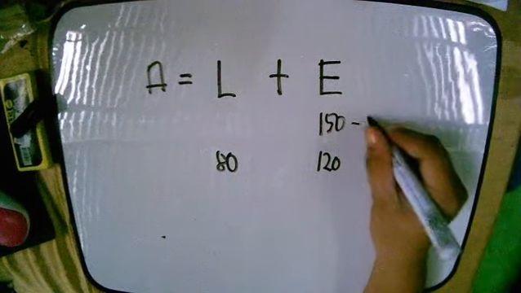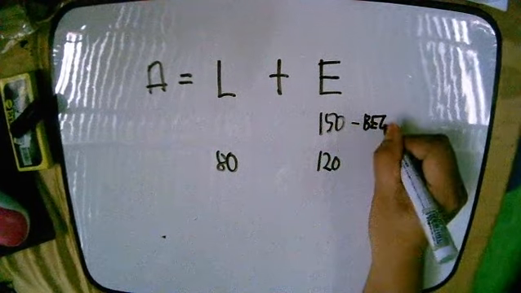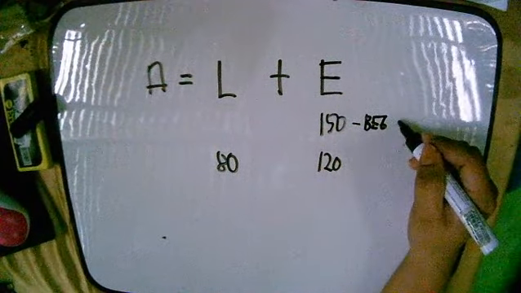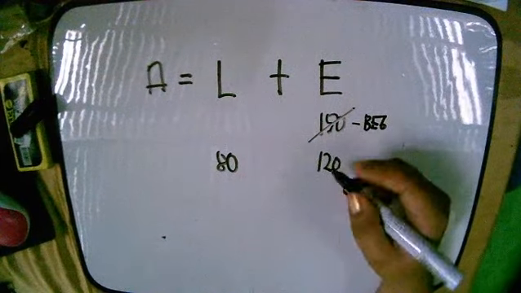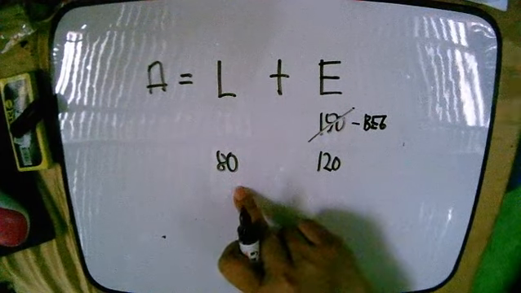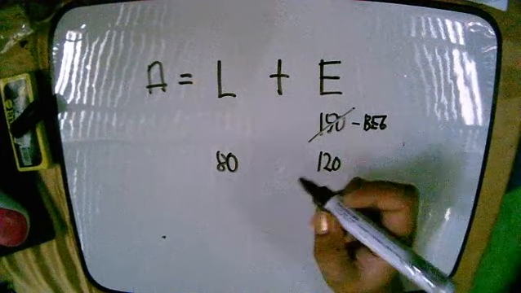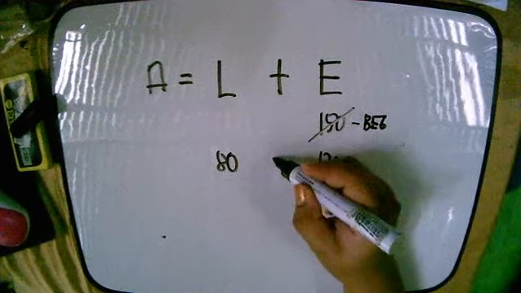Again, yung given dito is the beginning. So, ignore natin itong 150. At the end of the year naman yung tanong. So, at the end of the year, meron tayong liabilities na 80, meron tayong equity na 120. Yung assets natin or total assets is 200,000 pesos.